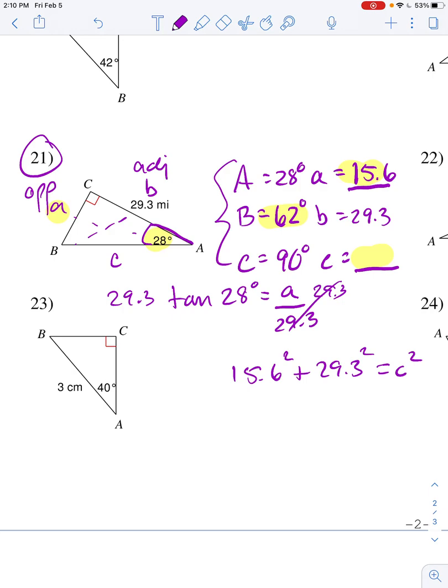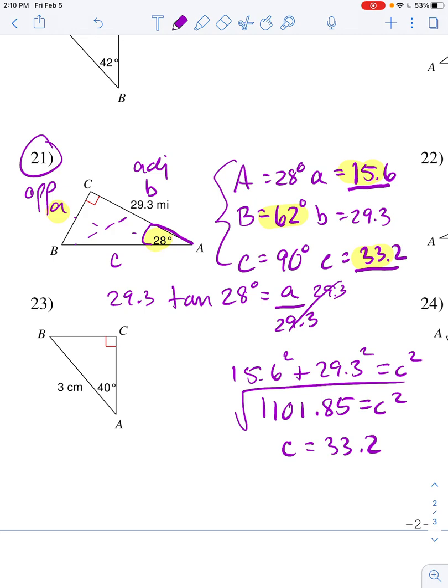I'm calculating right now. That's why it's so quiet. Bust out my root. And I'm getting C is 33.2-ish. Totally legit answer because it is the longest of my 3 sides.